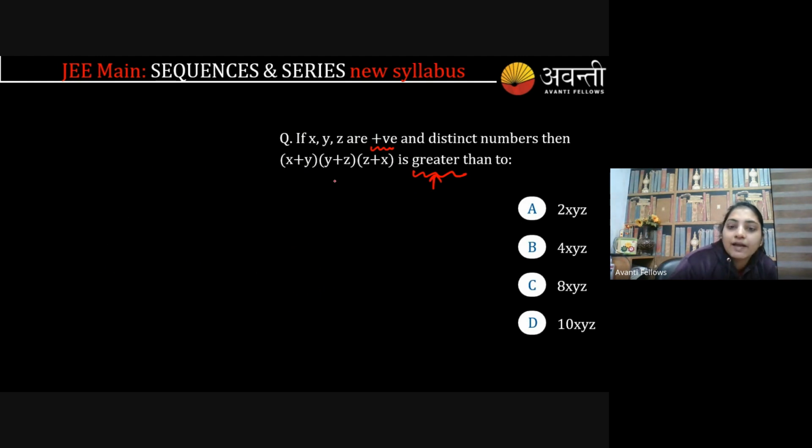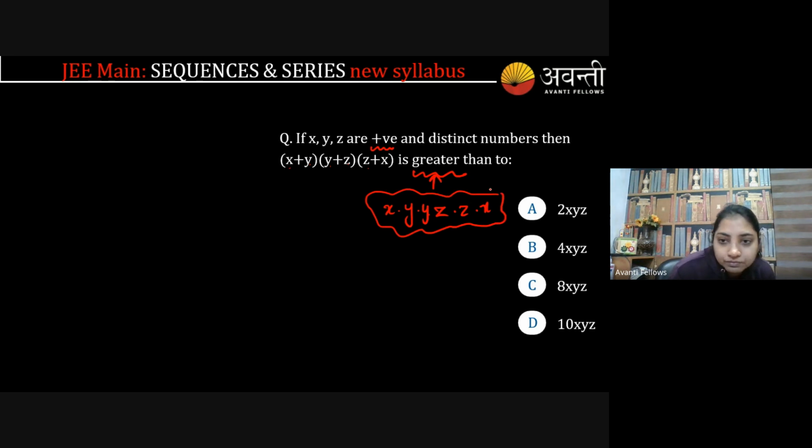And whenever you multiply these three numbers, x into y into z into x, are they giving us a perfect square? Right or not? Right, ma'am. So is my point clear when to implement this method? So now we have got the idea that AM greater than GM must be implemented.